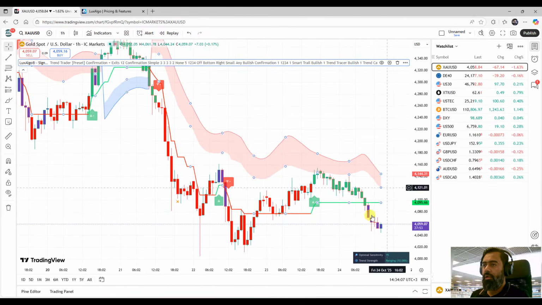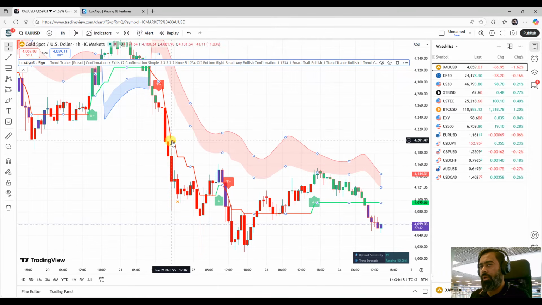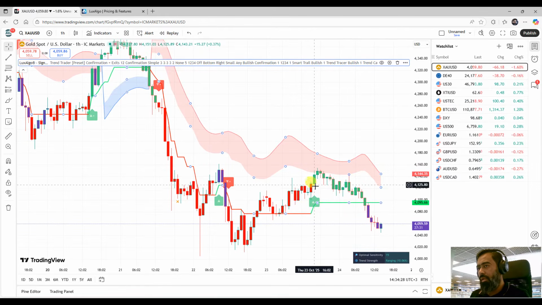Here you go. The Trend Tracer gives you a trend line. This is basically a trend line which also includes the Heikin Ashi support and resistance setup. The market is totally flat over here, but because it was an arrow with the plus icon, somebody can trade it.